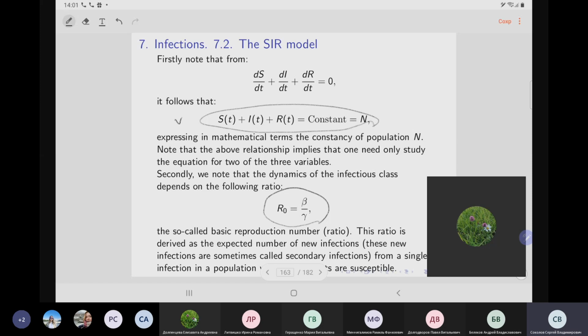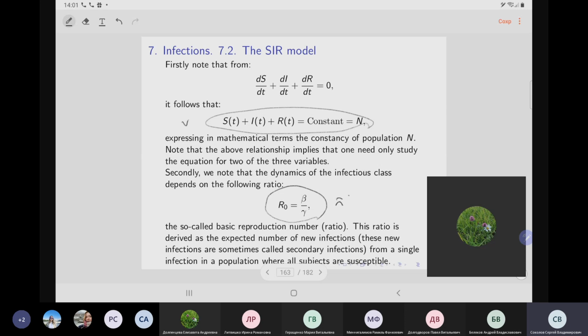The estimates for coronavirus were something like 5 for COVID. It means that everyone who is infected infects on average 5 persons.